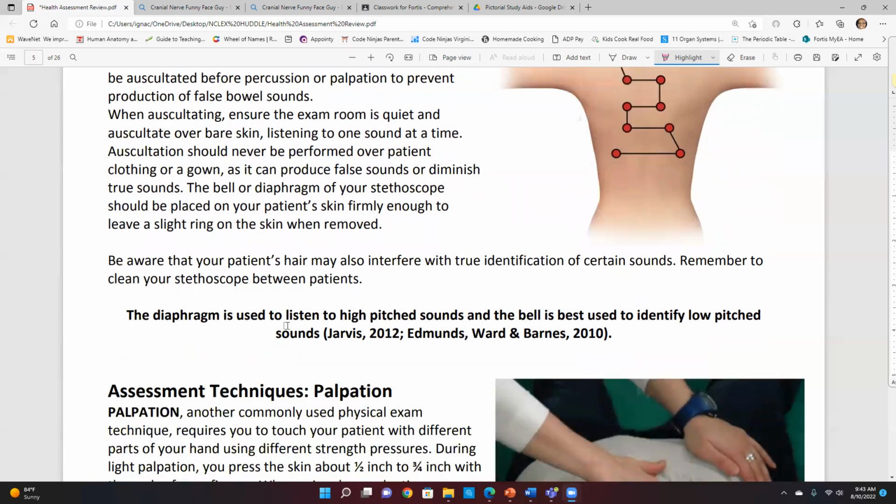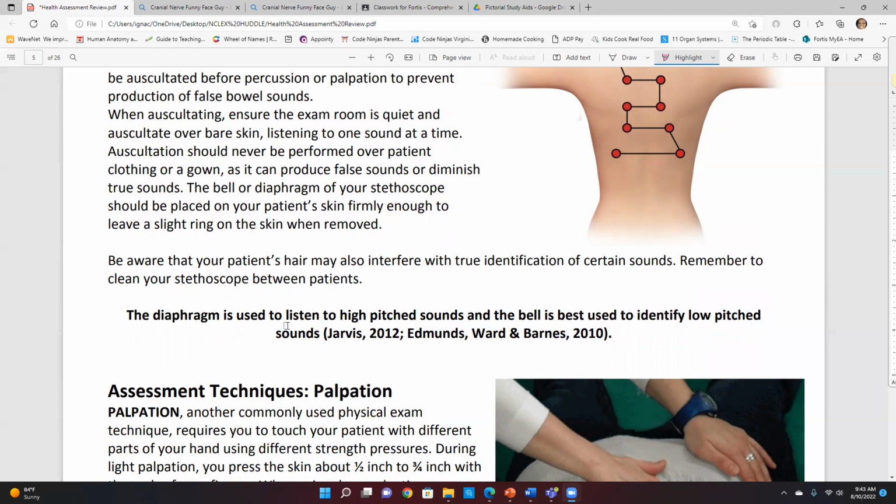Remember, the bell of your stethoscope is what you're going to use for murmurs and bruits. The diaphragm of your stethoscope is going to be the side of the stethoscope that we use most times. Some of you may have a stethoscope that can spin around. I want you to closely look at your stethoscope, and there should be a little circle, and that little circle tells you what side you're actually listening to.